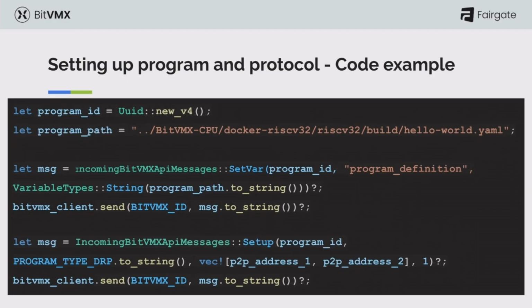In the setup, we say which program we're going to do with the program ID. Program ID points to all of the information needed for the program. Program type, in this case, is dispute resolution program. That's why the program type is DRP. And then the address of the participants. The address is actually the IP, port, and the certificate that gives you an identifier for that participant.